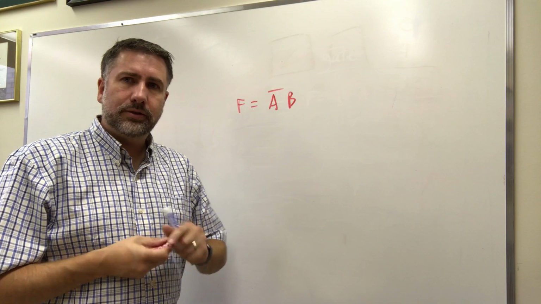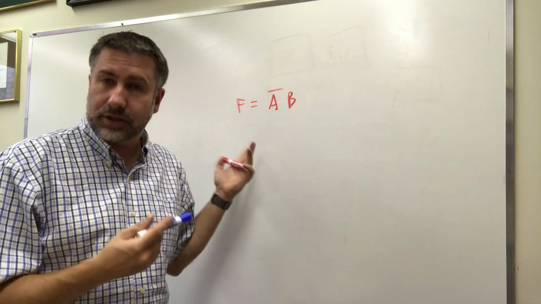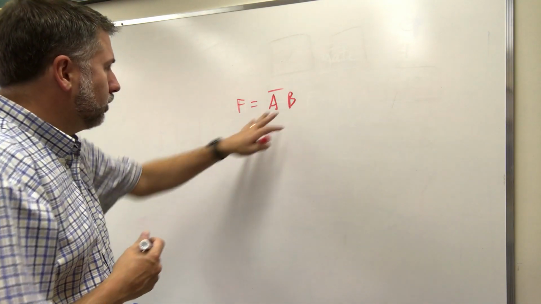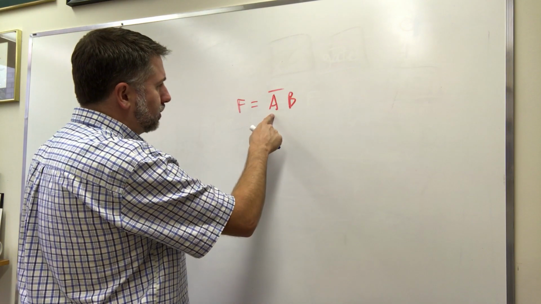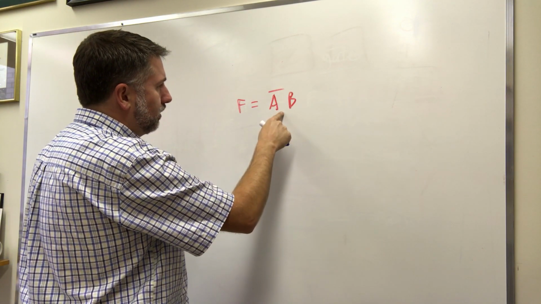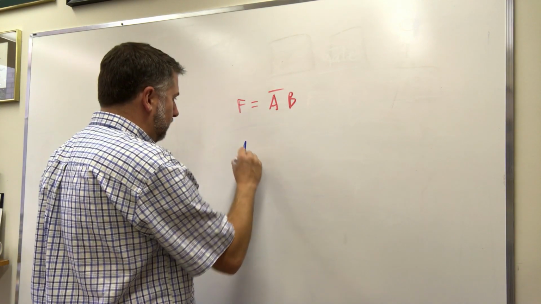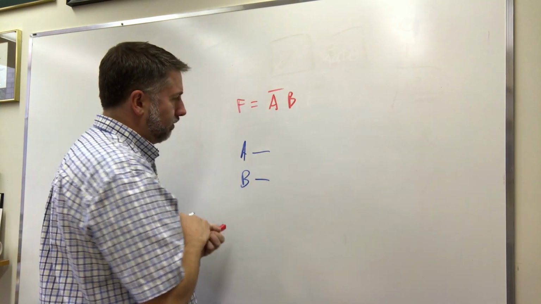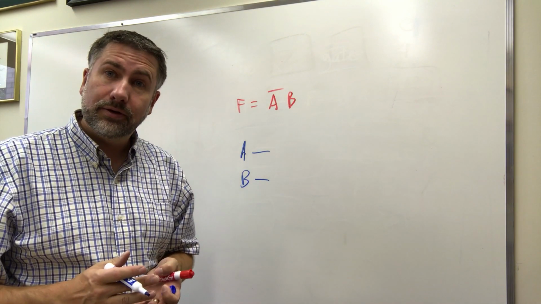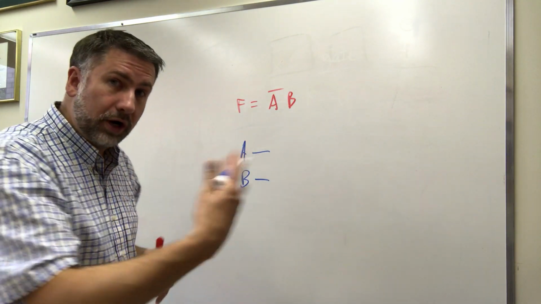How would we draw a circuit that accomplishes this? Well, we look at this and we say what we have to do first is invert the value of A, and then we have to AND it together with the value of B. So if we have A and B coming in here, we can't do this in a single gate. We have to have two gates, one after the other.